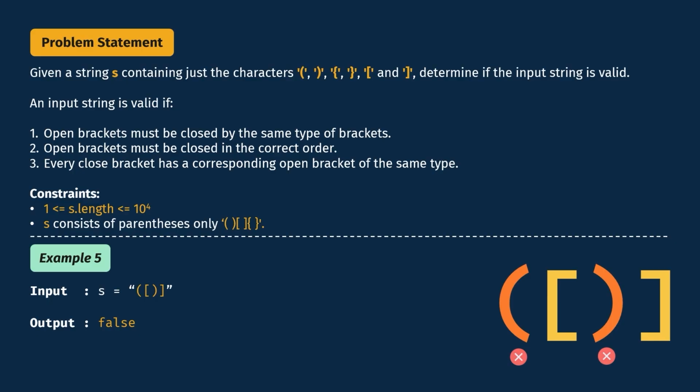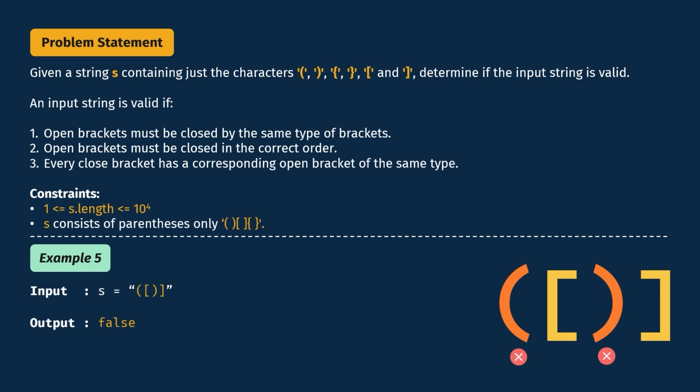But the closing sequence is first a closing round bracket, then a closing square bracket. This violates the correct order rule. The most recently opened bracket must be closed first. So here, the square bracket should close before the round bracket closes.